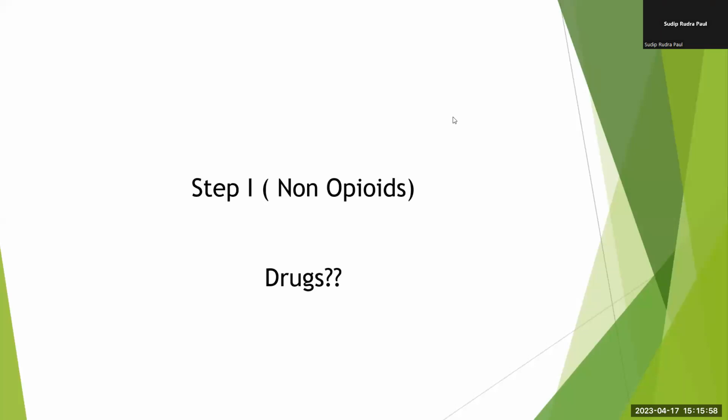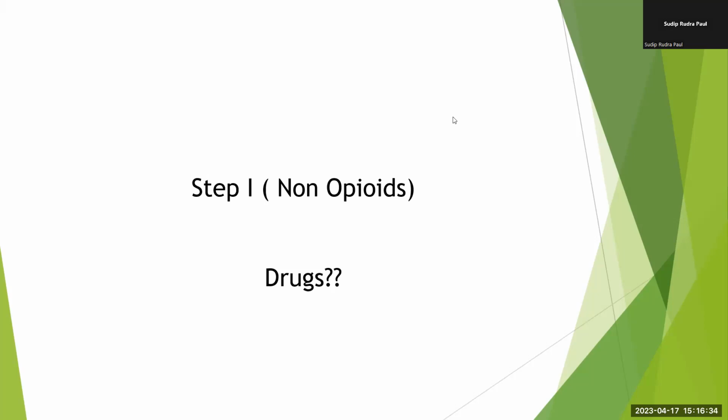No, tramadol is a weak opioid. Brufen, yes. Pethidine is not a non-opioid. Ibuprofen is a non-opioid. Acetaminophen, yes, acetaminophen is in the class of non-opioids.